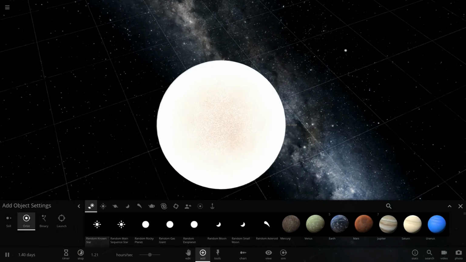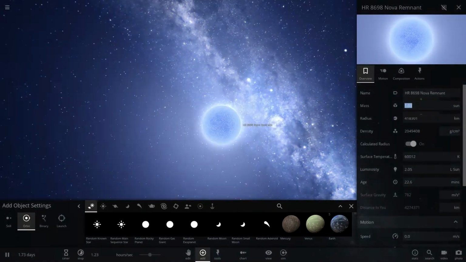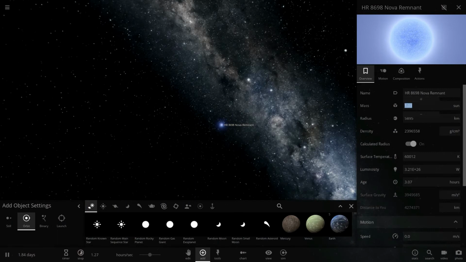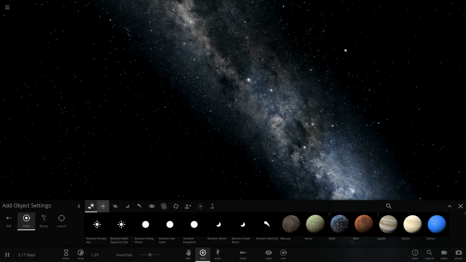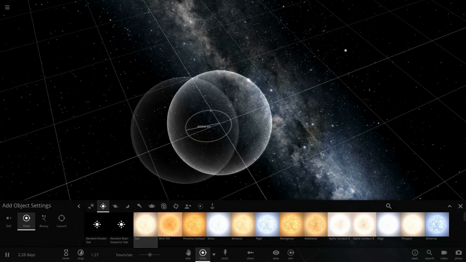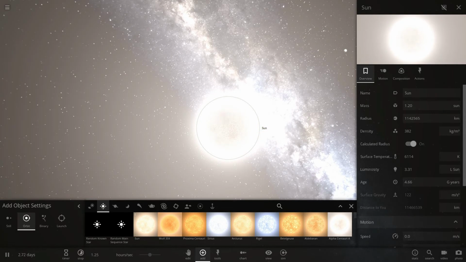Oh no, okay, that's a good size. So we'll make it bigger. Not that big. That's a big star. Okay. So we're gonna make it 1.2 times the mass of the sun.